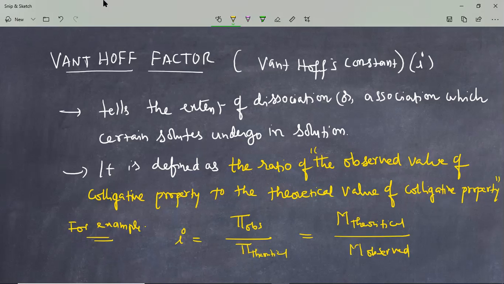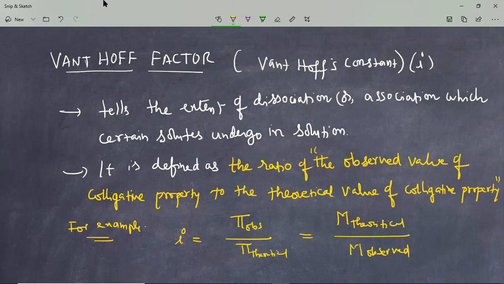So here, what is the theoretical value? Observed molar mass is the number of solute particles, or normal molar mass is the number of particles dissociated.